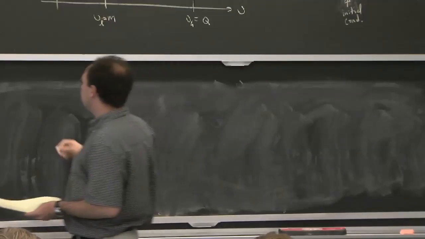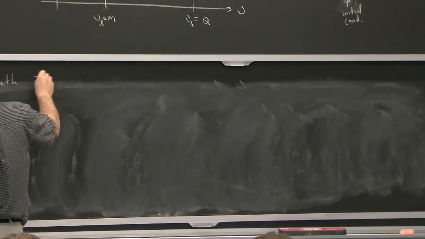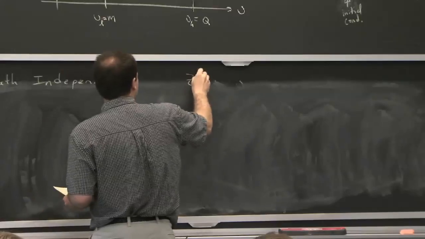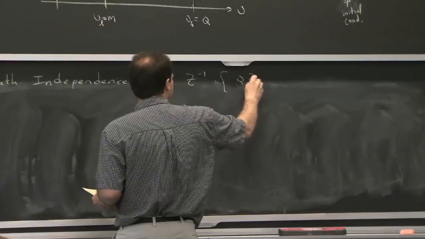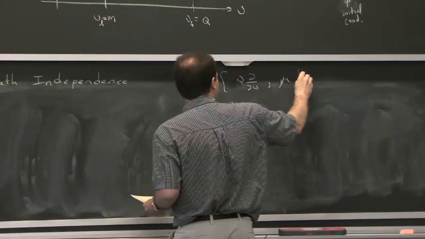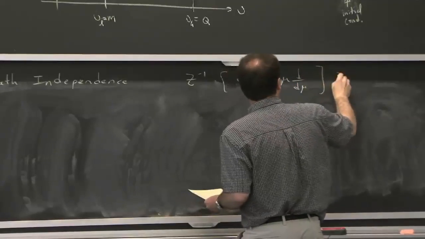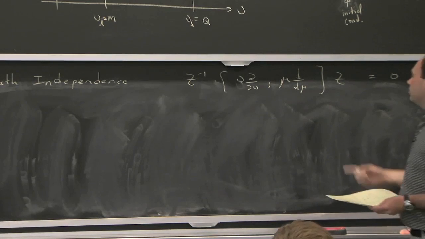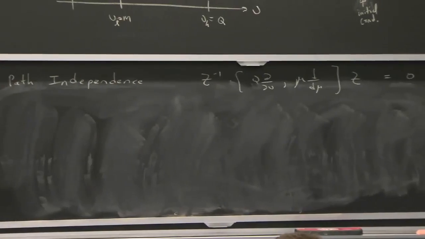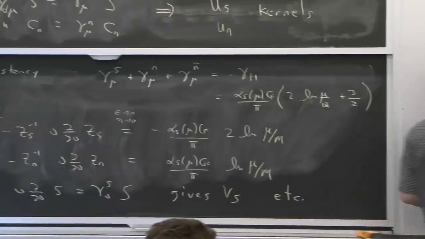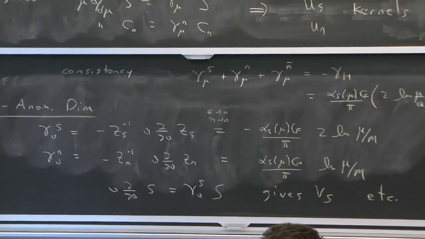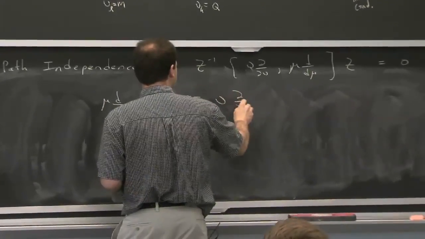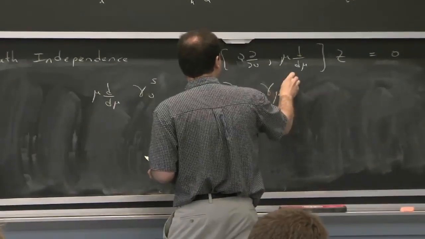So if you ask what path independence means, you could say path independence could be phrased by the fact that I could take Z inverse and I could take a commutator of derivatives, right? Because I'm saying that either order should give the same result. And if either order gives the same result, that must be 0. And what this formula says, at the order that we're working, is that you can take mu d/d mu of some, say, new anomalous dimension, and that should be equal to nu d/d nu of the mu anomalous dimension.